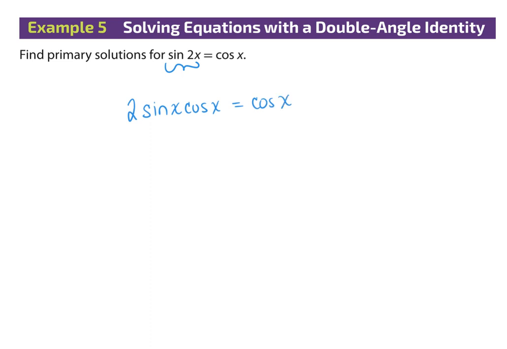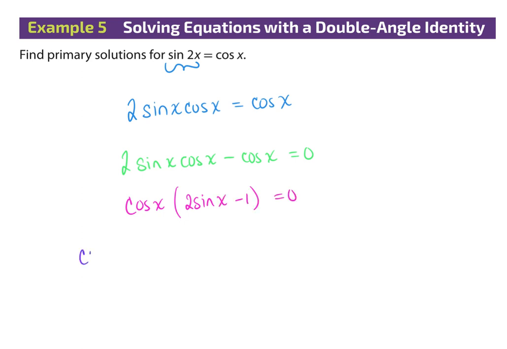Subtract your cosine of x over. Factor it, factor out that cosine. And then set each factor equal to 0. Where is your cosine 0? Well, your cosine is 0 at pi over 2 and 3 pi over 2.